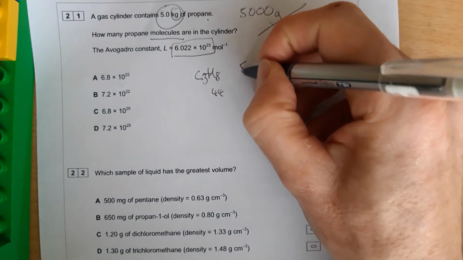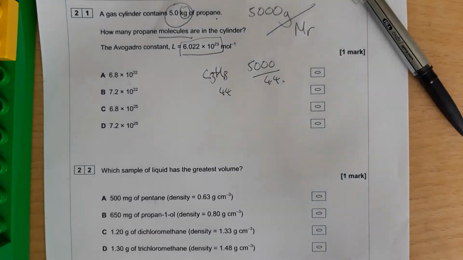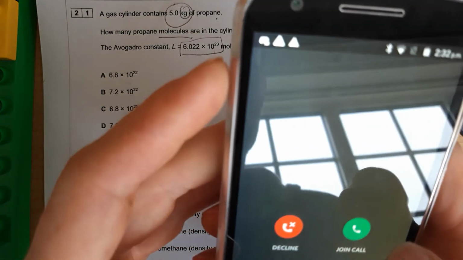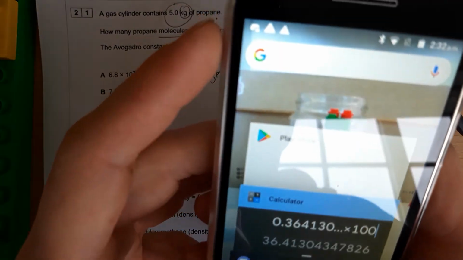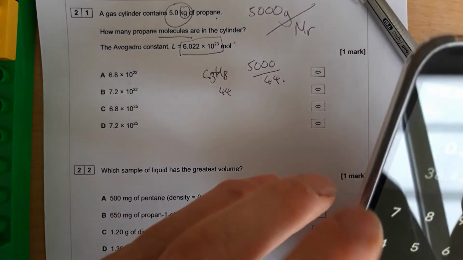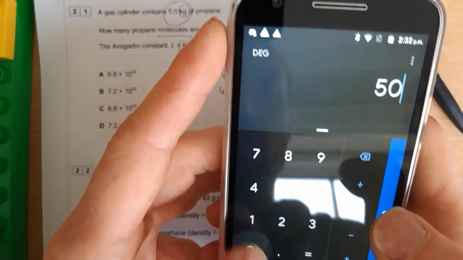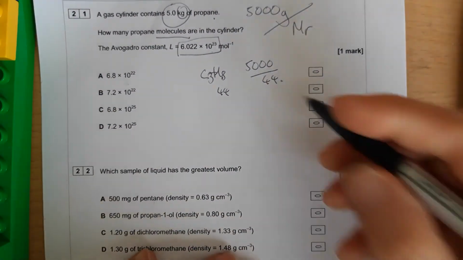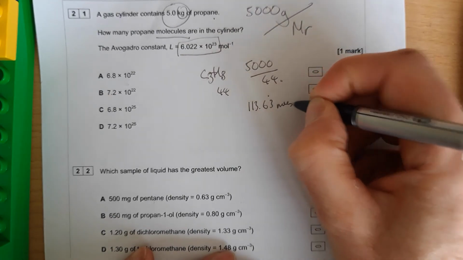So my first step is to work out the number of moles, which is 5,000 divided by 44. Calculator out. 5,000 divided by 44. Come on, phone. Somebody's trying to ring my daughter there. 5,000 divided by 44, 113.63 recurring moles.